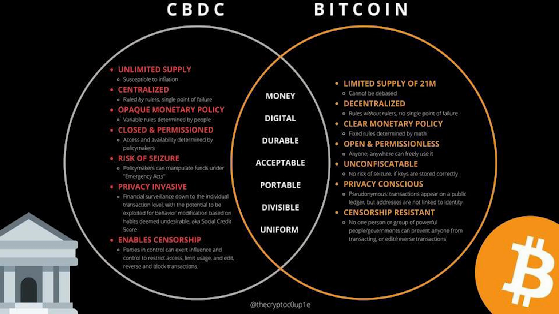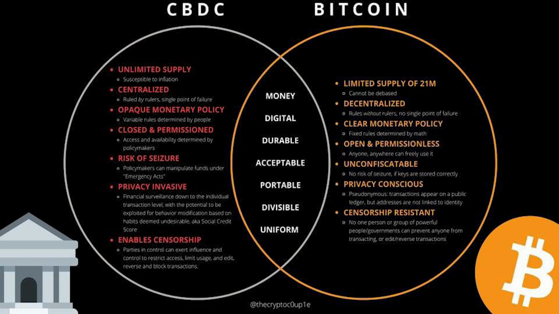So you can see over on the CBDC side, exclusive to CBDCs, properties: unlimited supply, susceptible to inflation. Of course, CBDCs are susceptible to inflation. It would be the same story as what we experience with traditional fiat currencies, right?